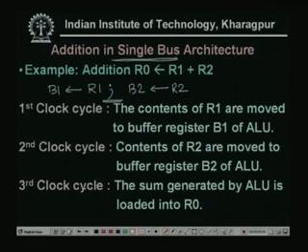And in the third clock cycle, the addition is performed. The sum generated by ALU is loaded into R0. That means, R1 plus R2, now ALU has done this addition and that sum is transferred to the register R0.